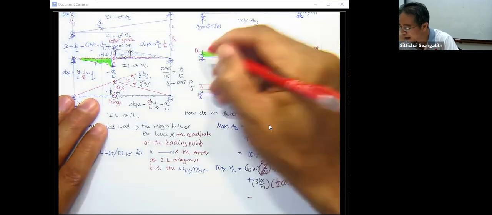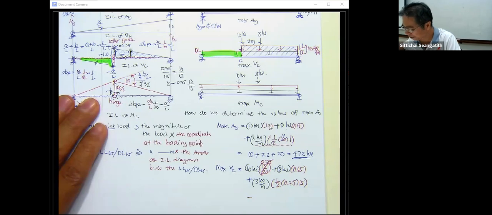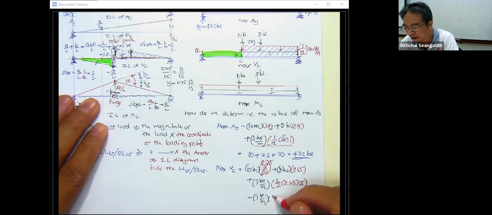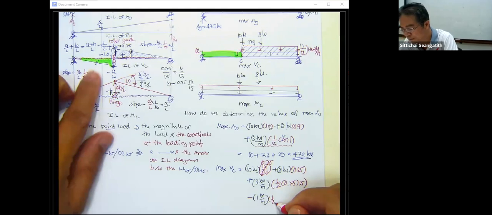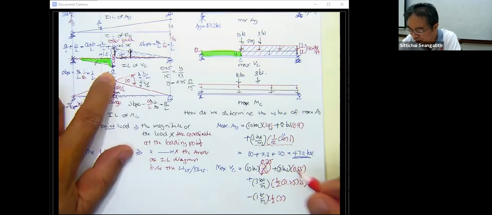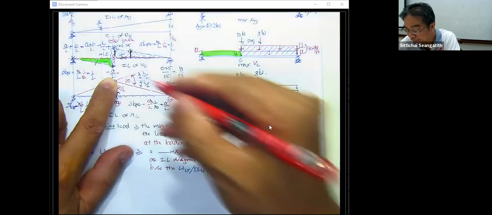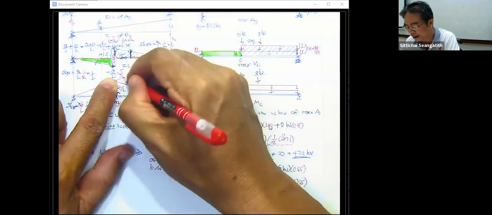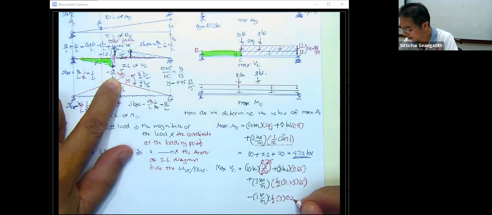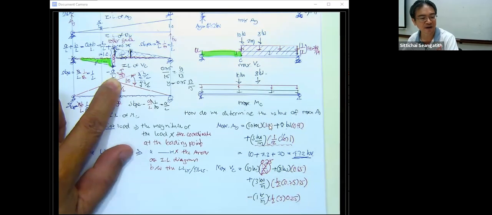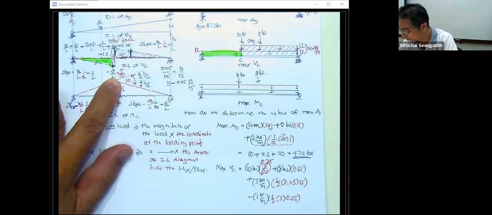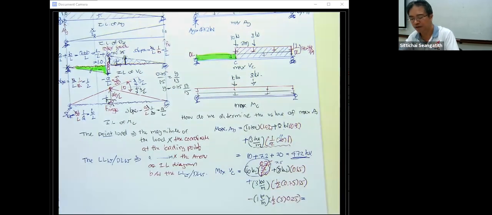Dead load is 1 kilonewton per meter, and then times 1/2 of 5 meters times 5, and this is A over L. That is going to be 5 over 20, that is going to be 0.25, and this is going to be the value of maximum V sub C. So this is 7.5, and 8 times 0.65.